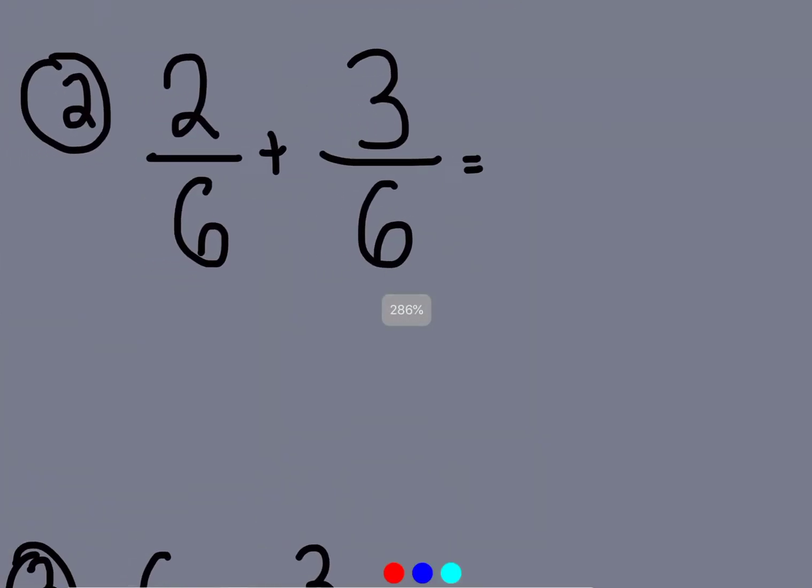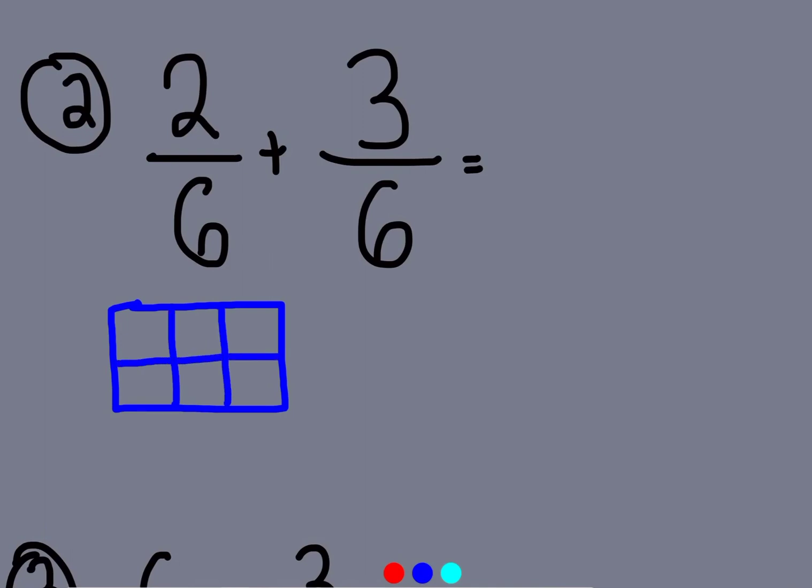You don't have to do it in a circle, you can do it in a square or a rectangle. So you break it up into 6 even sections. And how many do you need to shade in? 2, because your numerator is 2. 1, 2.